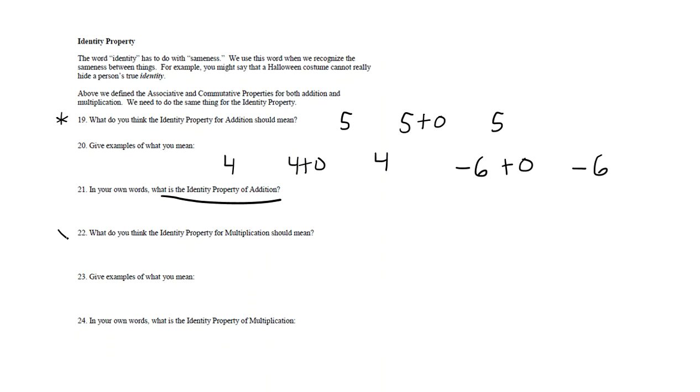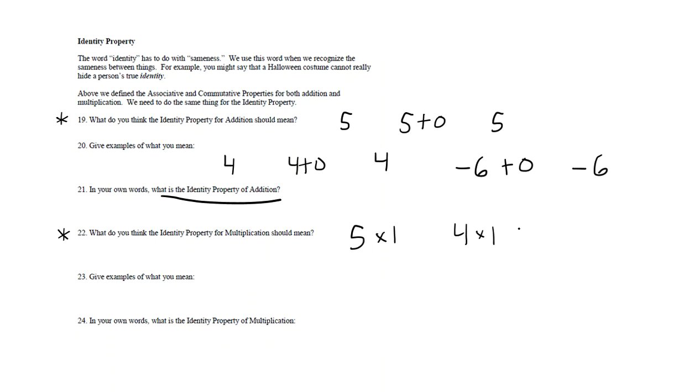On the next one, it says, what do you think the identity property for multiplication should mean? Okay, so if we're talking about the identity property for multiplication, that means what can we multiply 5 by so that it stays a 5? And that would be a 1. Okay, or what can we multiply a 4 by so that it stays a 4?